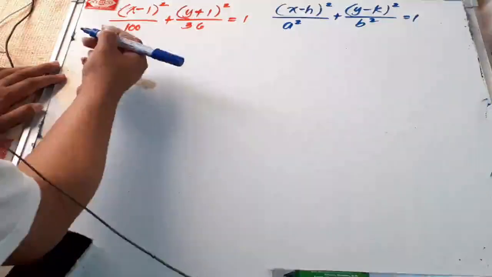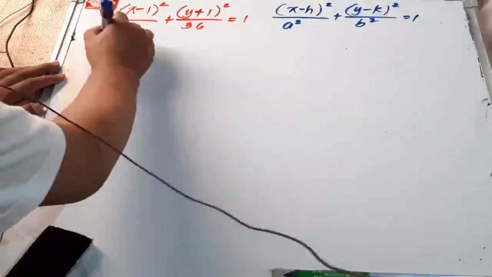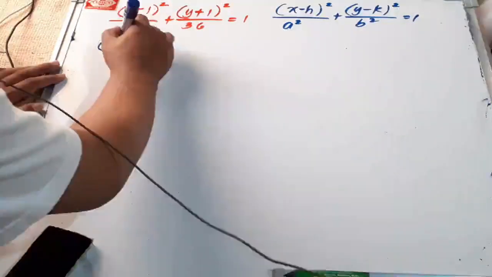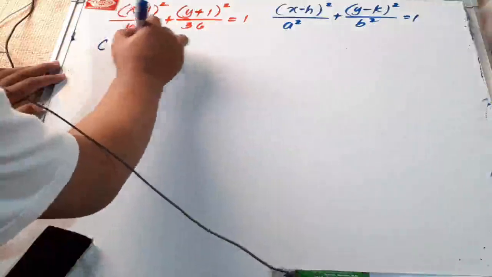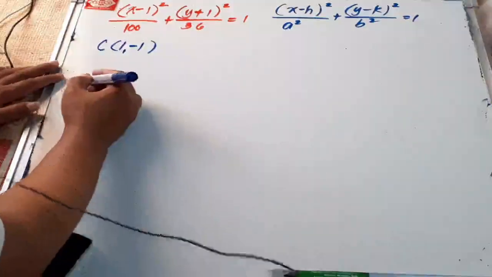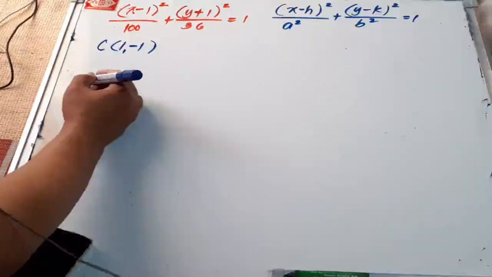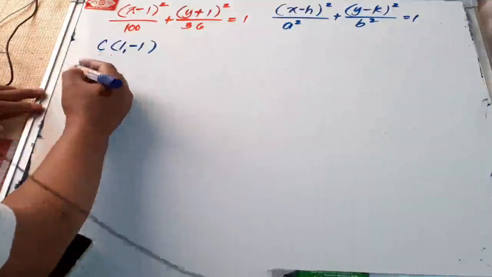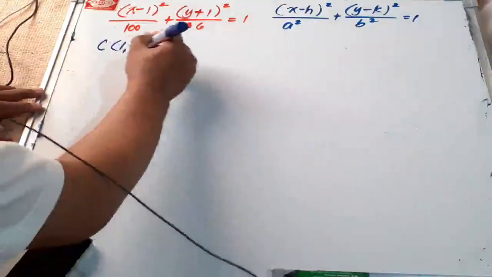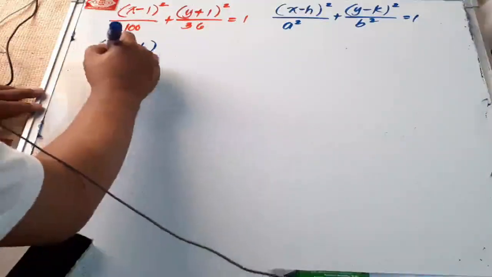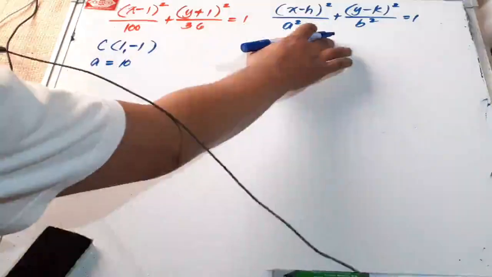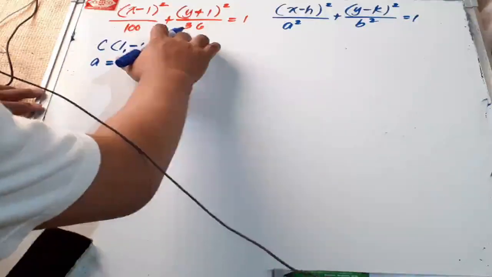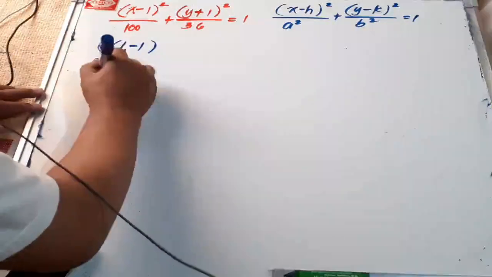We have center at (h, k), or that is (1, negative 1). And then the length of the semi-major axis: a squared equals 100, so the square root of 100 is 10. So a equals 10. And the length of the semi-minor axis, o kalahati, the square root of 36, that will be b equals 6.